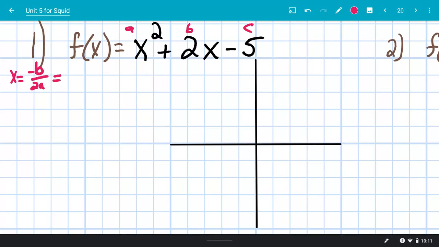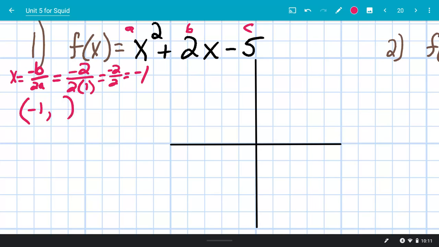So this would be the opposite of b, or a negative 2 over 2 times 1, because 1 is my a, and that's a negative 2 over 2, or a negative 1. Everybody good with how I found that? So I have a negative 1 something for my vertex.